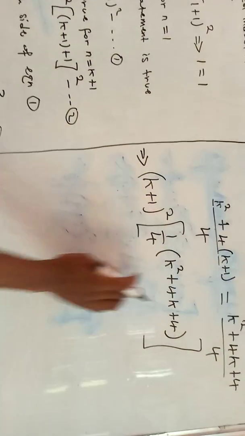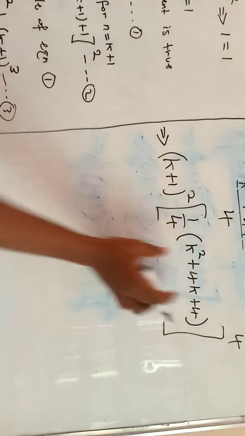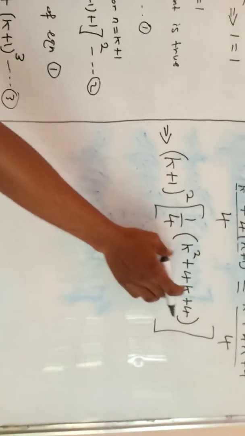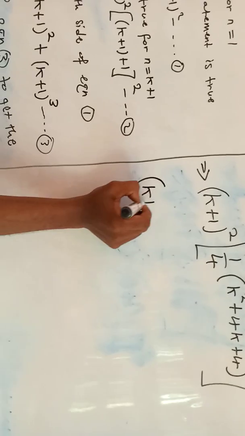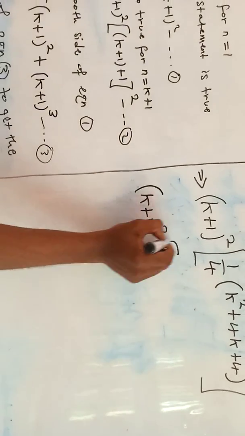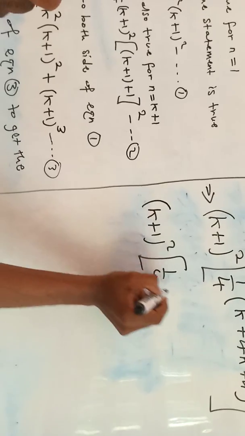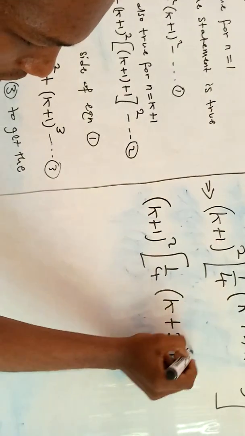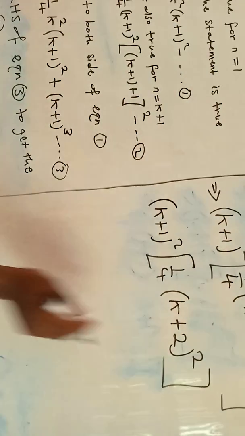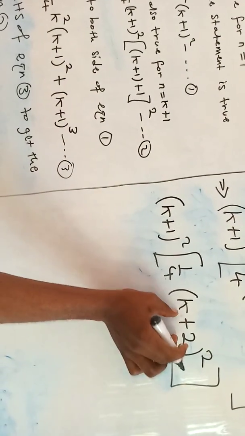This is a quadratic equation. So if we factor this out, to bring out the factors, we are going to have k plus 1 squared bracket 1 over 4 plus k plus 2 squared. This is a factor of this.